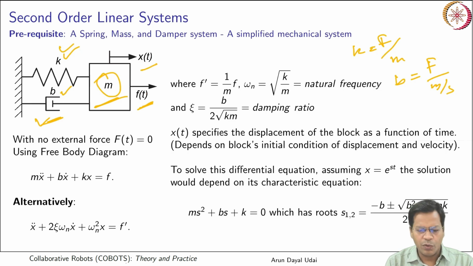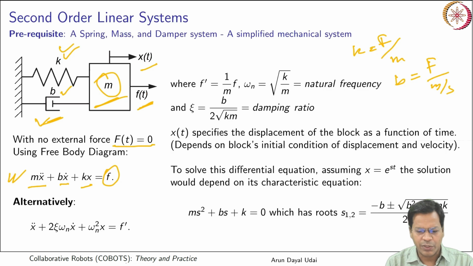With no external force, that is F(t) equal to 0, the system can be written as m x double dot plus b x dot plus k x equals 0. That becomes your time domain dynamic equation of this spring mass damper system.